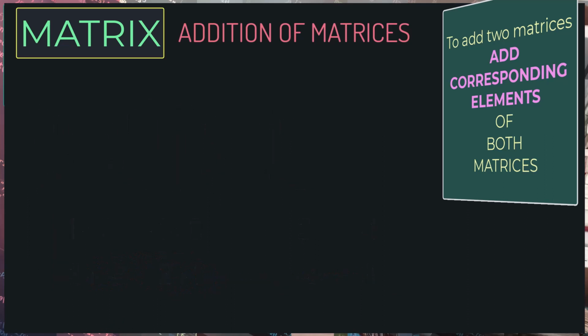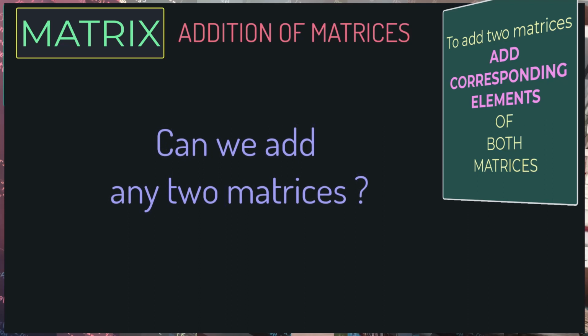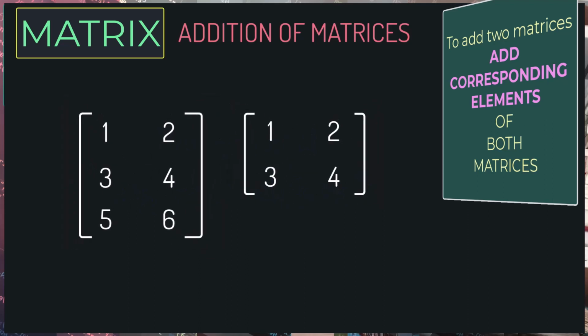Now the question is, can we add any two matrices like this? Suppose we have two arbitrary matrices. Is it possible to add these two? The answer is no. Why? Looking at these matrices, we see that corresponding to the last row of the first matrix, there is no row in the second matrix to add.